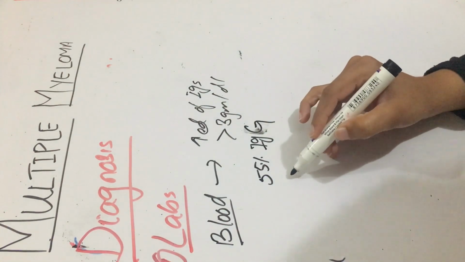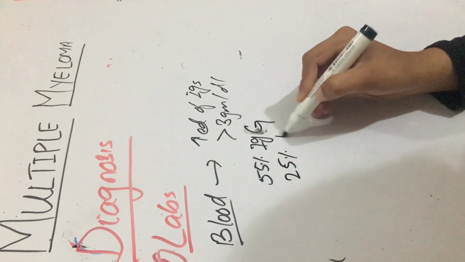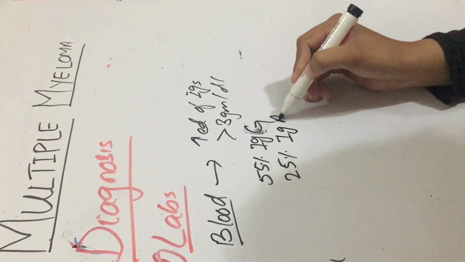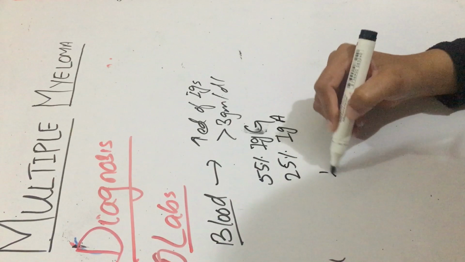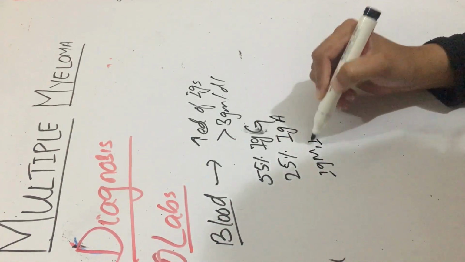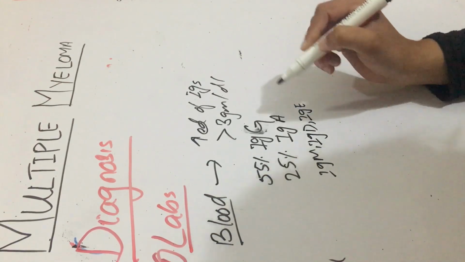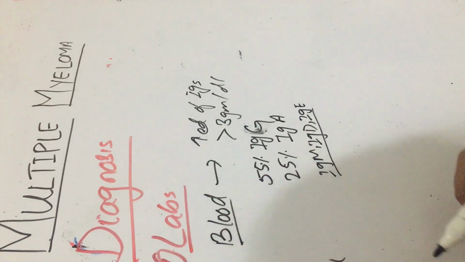While in 25% of the patients, the blood has a raised level of IgA, while IgM, IgD, and IgE are increased in very few patients.